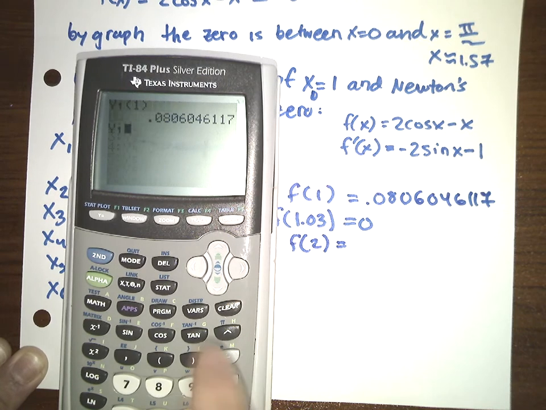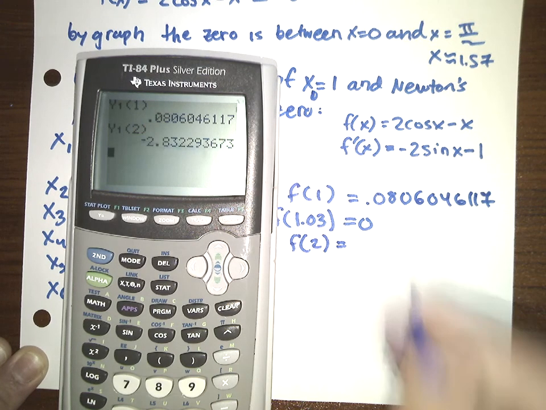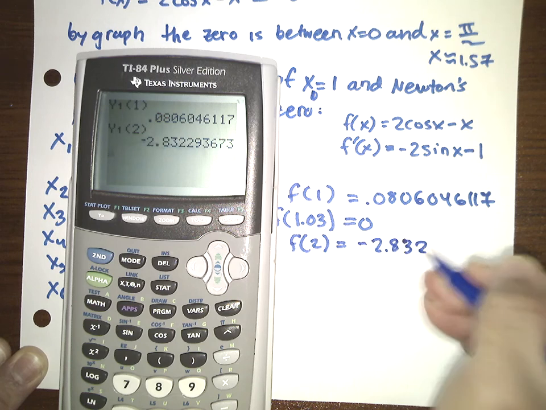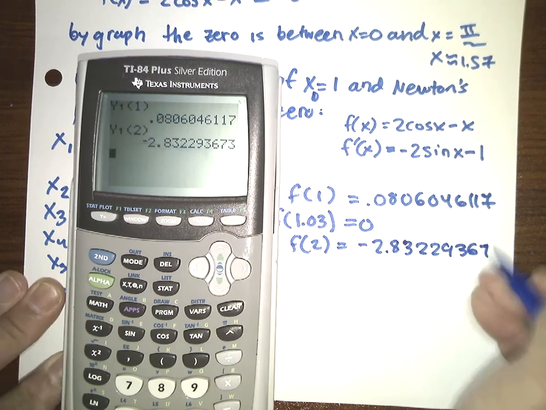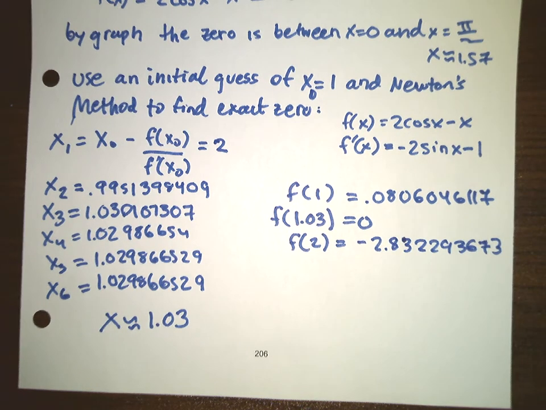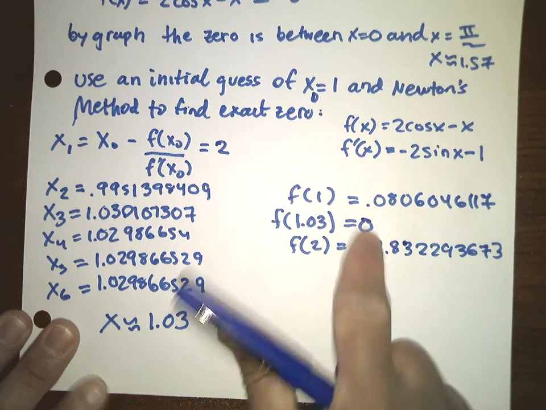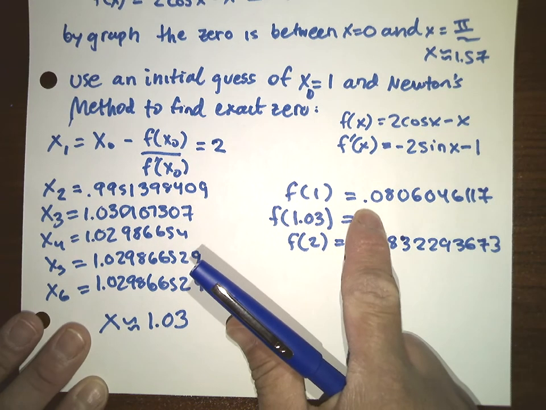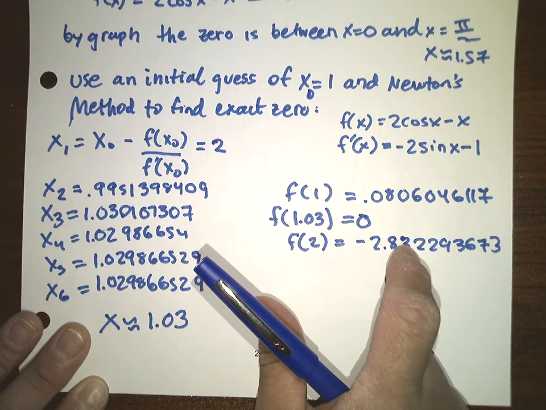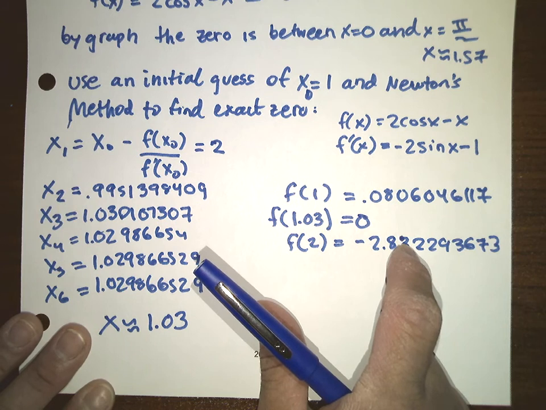F of 2 is going to be negative 2.8322936673. So hopefully you remember the intermediate value theorem and the change of sign theorem. This says that if a function goes from positive to negative, the function has to have a 0 somewhere in that interval.